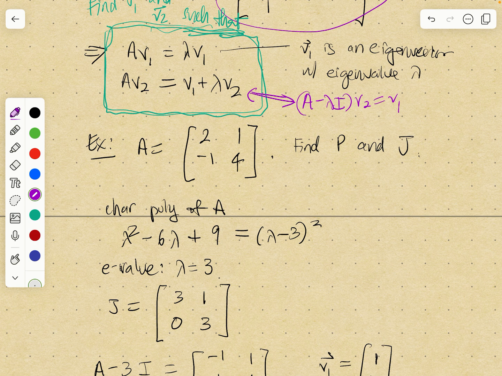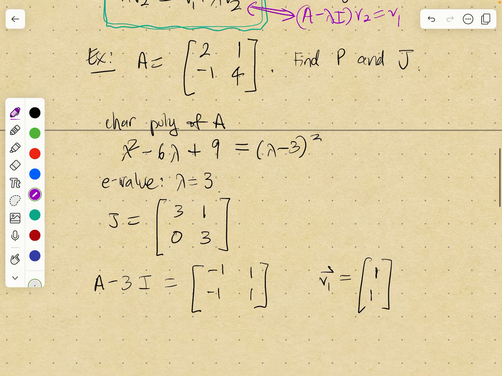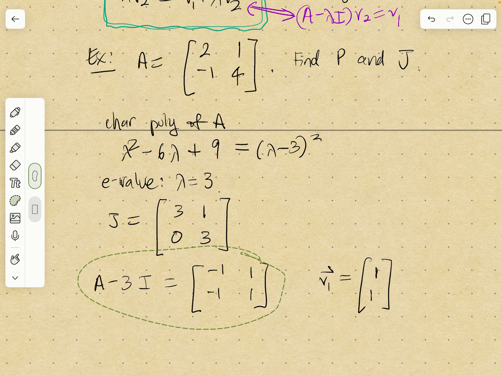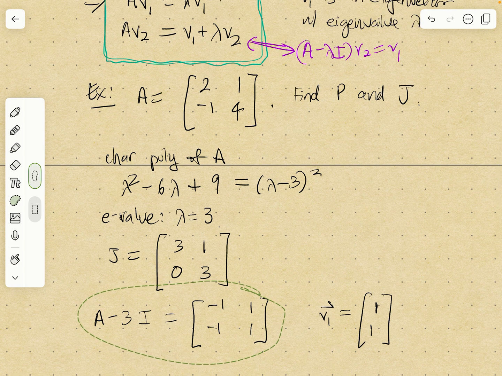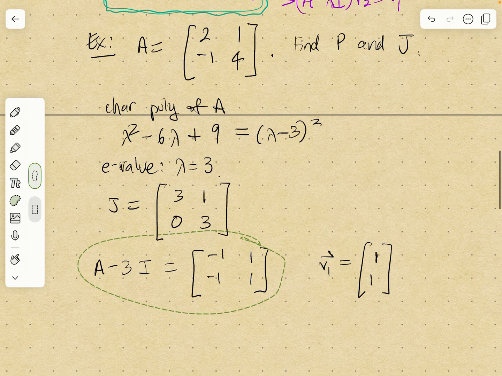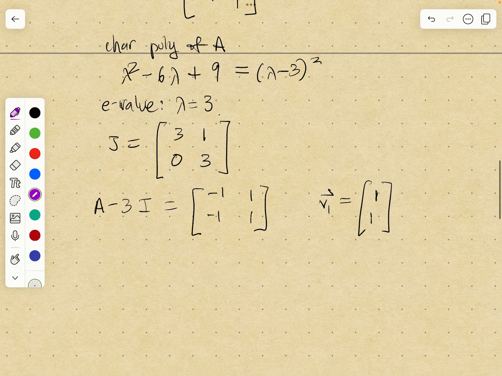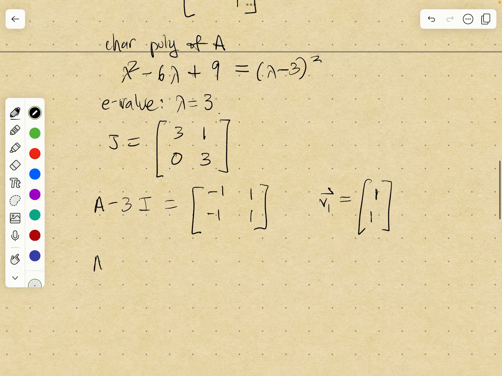We actually found A minus lambda I. It's this matrix. And so we said that matrix times V2 is equal to V1, and then we solve for V2. So the equation is A minus 3I times V2 is V1.